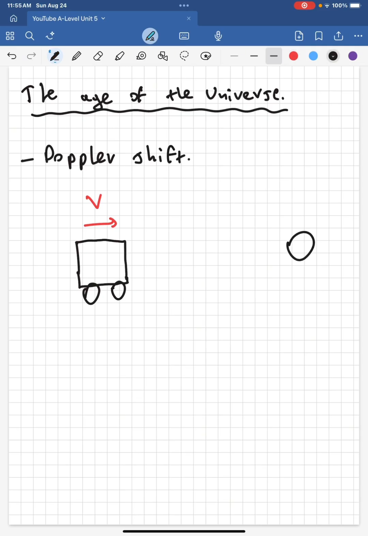And let's assume that here I am, standing at some distance from this ambulance, and I'm stationary, and the ambulance moves towards me. Then what's gonna happen if the sound waves have some lambda, some wavelength?